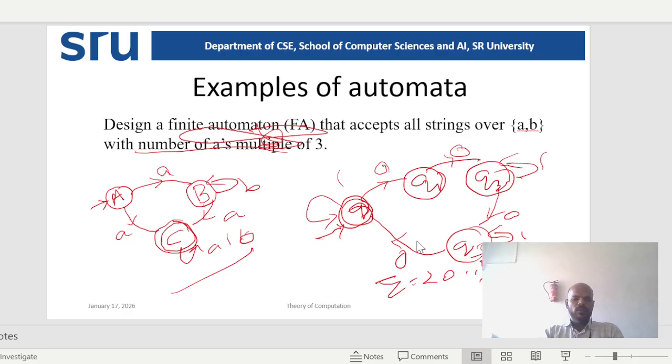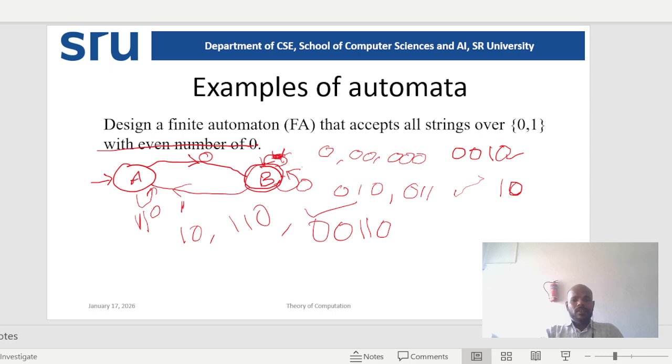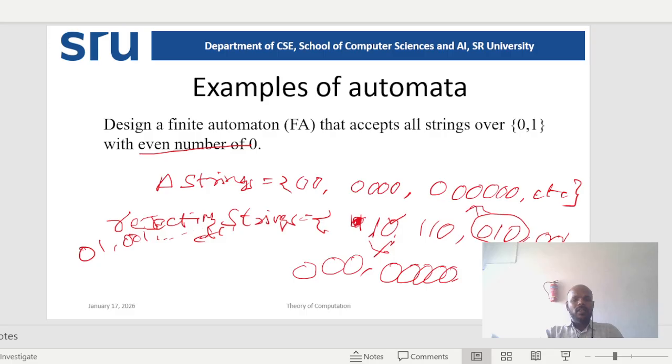So what did we discuss in today's class? Today we discussed examples of finite automata, right? The first one we discussed was a finite automata that accepts all strings over {0, 1} ending with 0. The second one was designing a finite automata that accepts all strings with an even number of zeros.